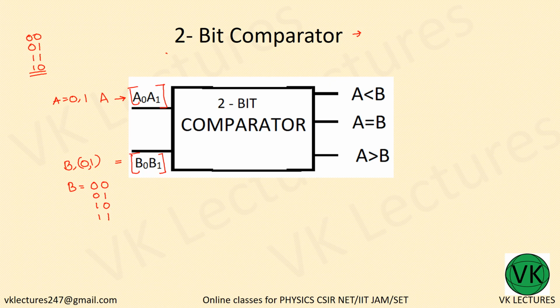Okay, not a 2-bit number, it is 2 bits together. Now we have to check for a less than b, a equal to b and a greater than b. These are the things that a 2-bit comparator compares, just like every other comparator. Now let us see the truth table and corresponding output of this 2-bit comparator.